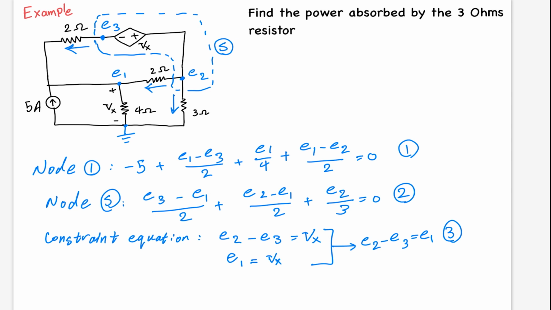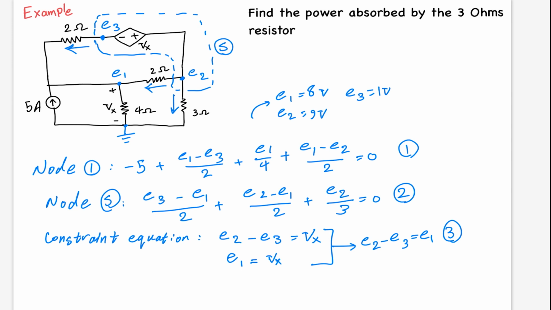I have already calculated E1, E2, and E3. So E1 will be 8 volts, E2 will be 9 volts, and E3 will be 1 volt. And we found every variable.